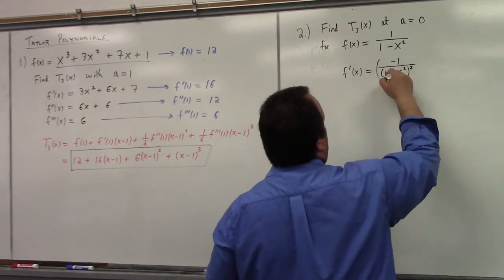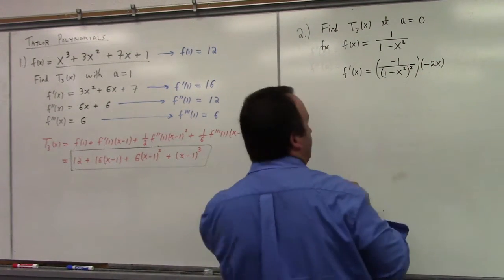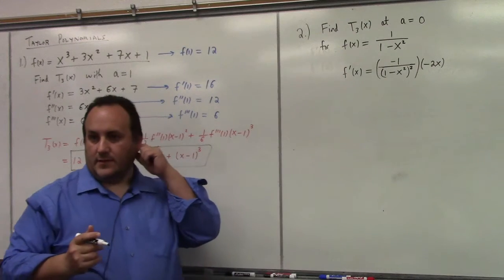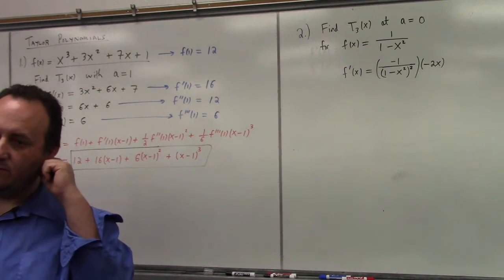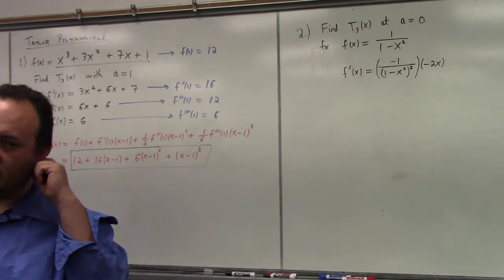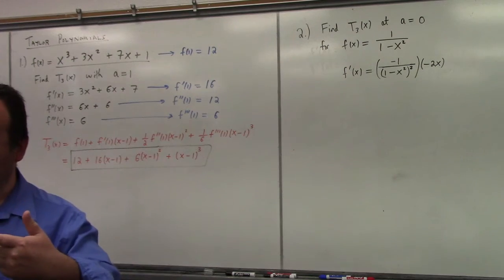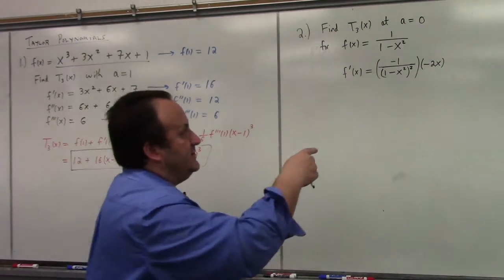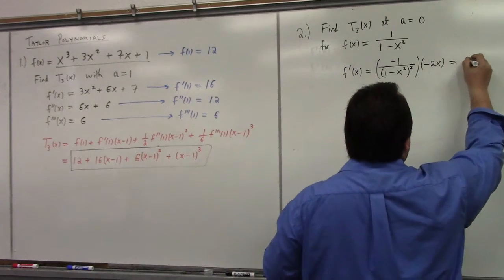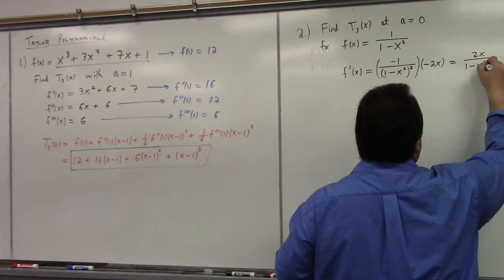Minus 1 over that times minus 2x, that's the chain rule. So we have a reciprocal function, like 1 over the something. So the derivative of the reciprocal is minus 1 over the denominator squared. And chain rule says multiply by the derivative of the denominator, which in this case is 1 minus x squared. That gives us a minus 2x. So clean that up, and we've got 2x over 1 minus x squared squared.